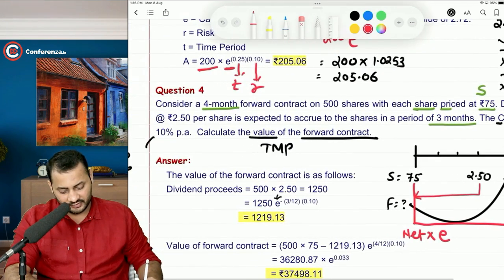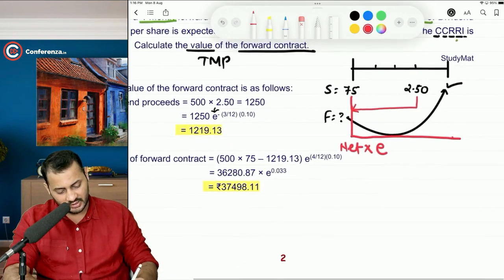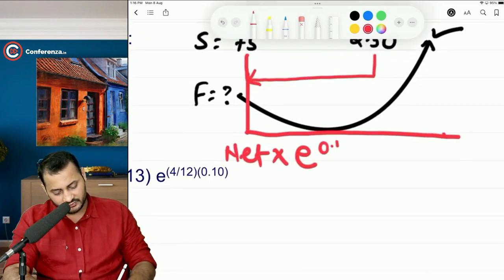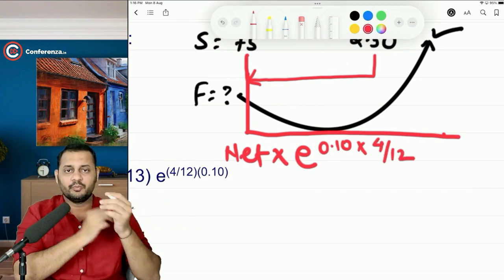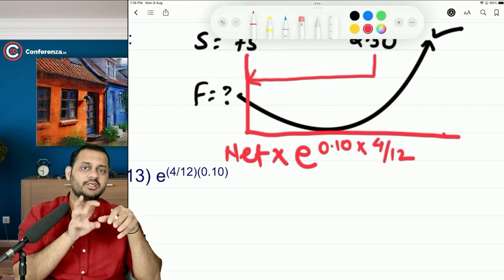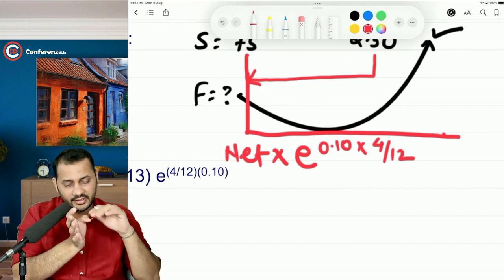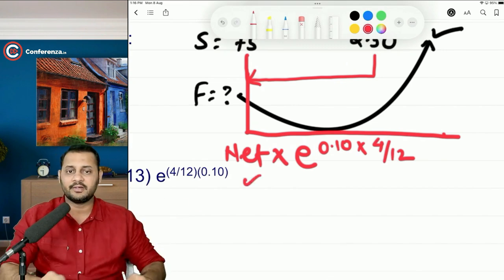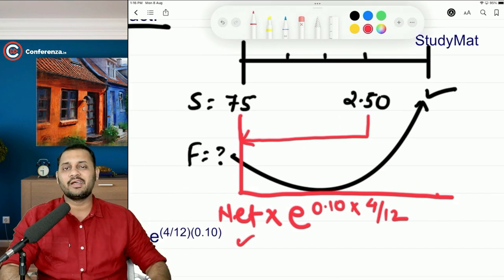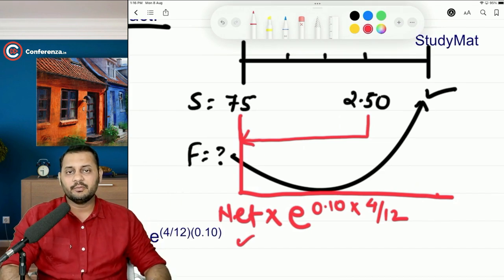R means the rate of interest, which is 10% per annum, and the time is 4 months out of 12. So basically you are converting this 10% rate into a 4 months rate and then taking this net figure to the 4 months end. But how to calculate the present value, sir?